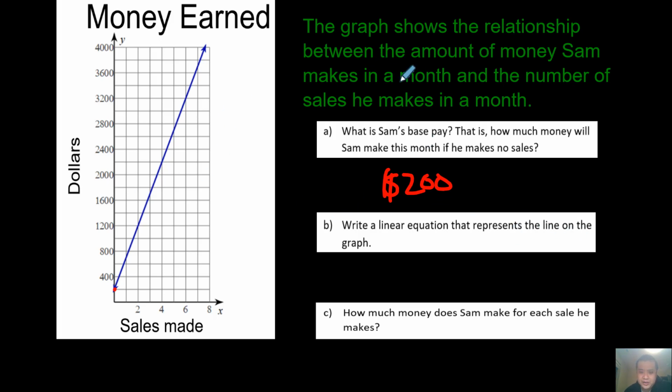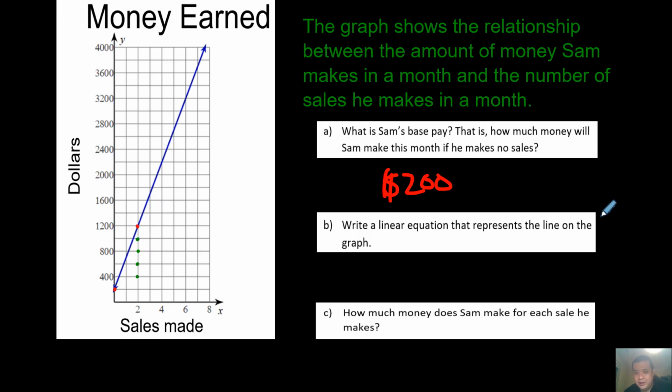Then we need to write a linear equation that represents the line on this graph. So we have a y-intercept of 200. Then we need to find what the slope is, so we need to find another point on this graph. We have a point right here. The slope is rise over run. So we rise 200, 400, 600, 800, and 1,000.